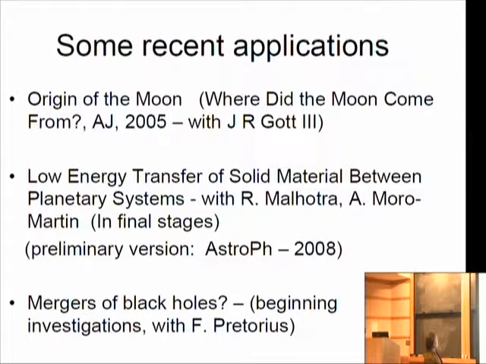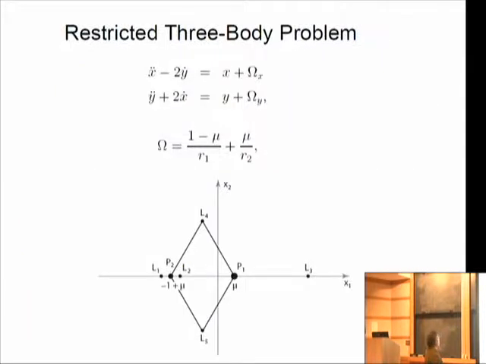I'm now working on the final stages of transfer of solid material between planetary systems with Renu Malhotra and Maura Martin. It's an astro-ph paper right here, and then with Frans Pretorius, who's here, we started beginning discussions on possible use of these techniques for merging of black holes. We haven't done anything with it yet, but it seems like it might be possible. So this would be another unexpected application of this work.